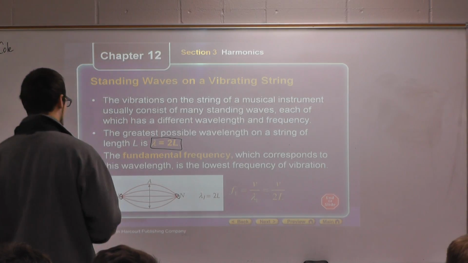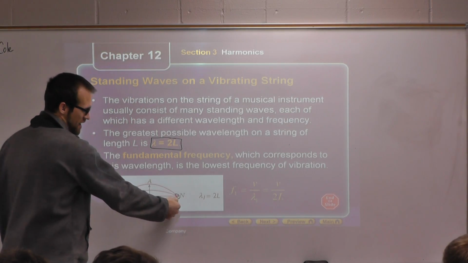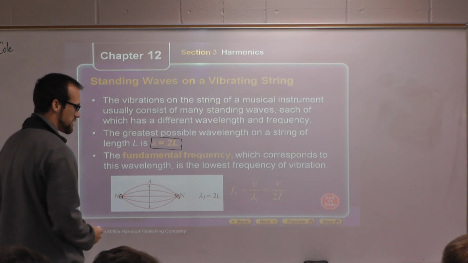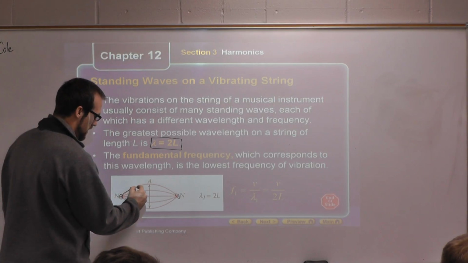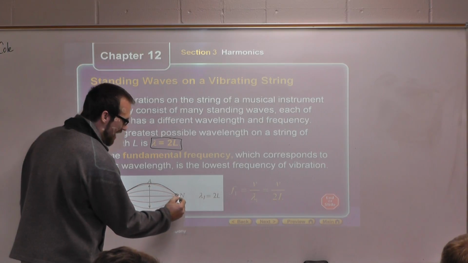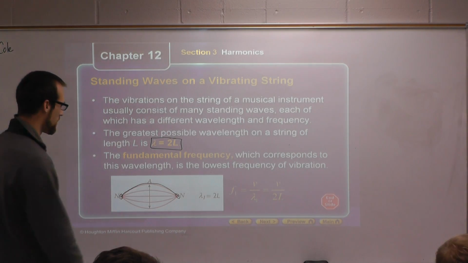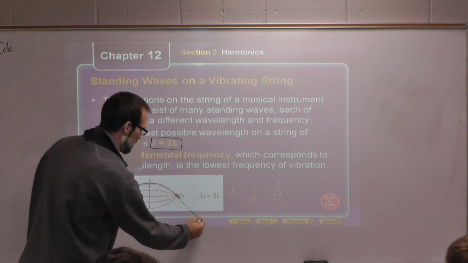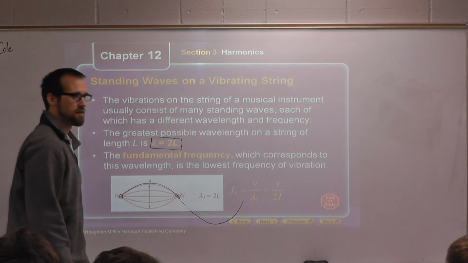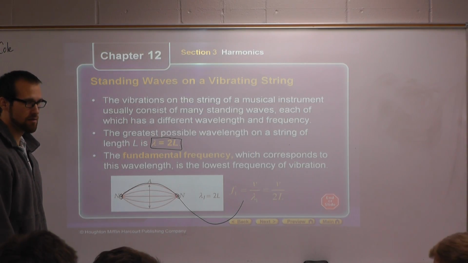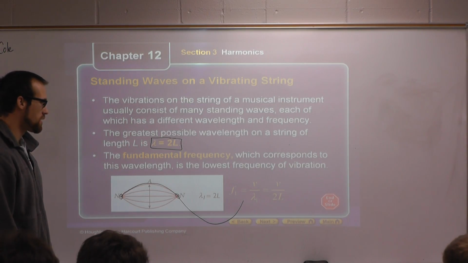So if you look at this, assuming this is a string, fixed on one side of a guitar and on the other side of a guitar, what you have is half a wavelength. Does that make sense?